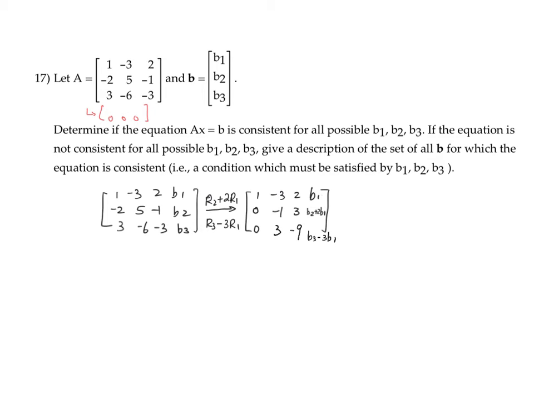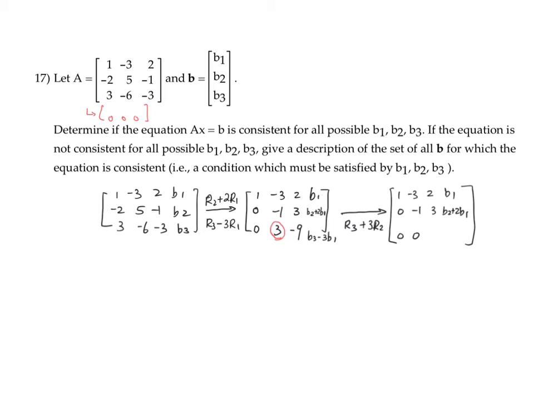Now, the next thing I would like to do is to 0 this entry by using row 3 plus 3 times row 2. The first two rows will be the same. The last row will be 0, 0. And then this plus 3 times this, which is 0, right?